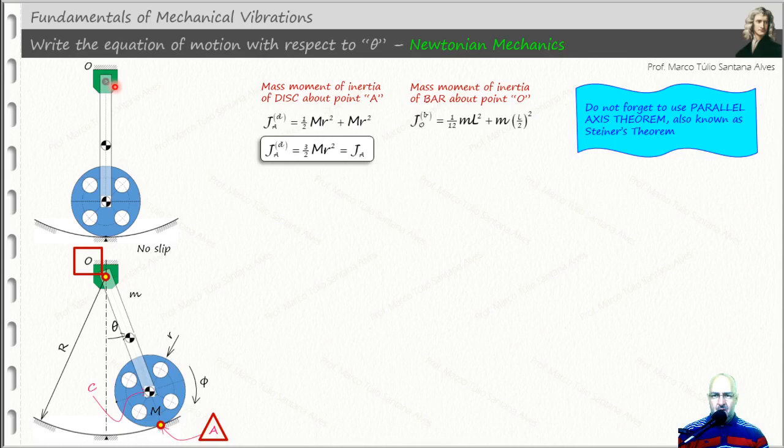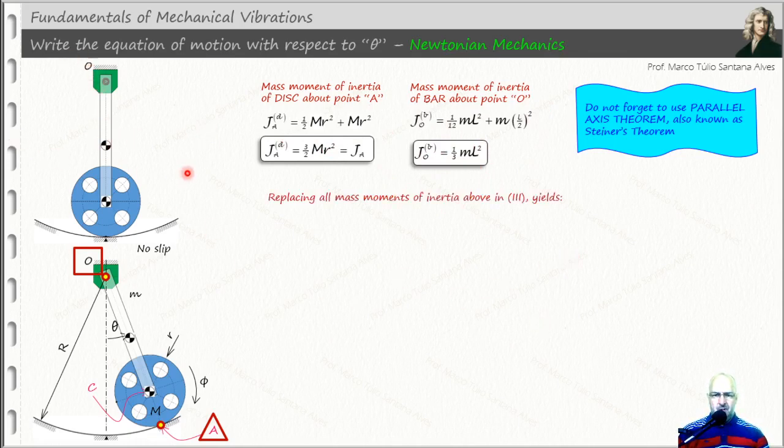In this case, as we have a homogeneous bar, the CG is located at the midspan, as you can see here. Now, finally, we obtain the mass moment of inertia of the bar about O.